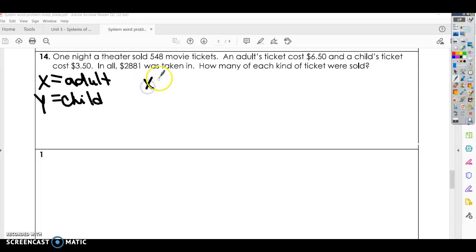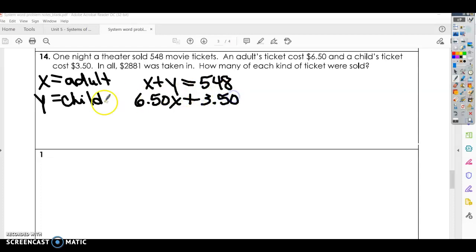So we sold adult plus child's tickets, and the total was 548 tickets. An adult's ticket cost $6.50. So an adult is X. So one adult ticket costs $6.50. So $6.50 times X. And a child's ticket costs $3.50. So $3.50 times Y. And that's going to equal, in all, $2,881 was taken. So the total revenue, $2,881.